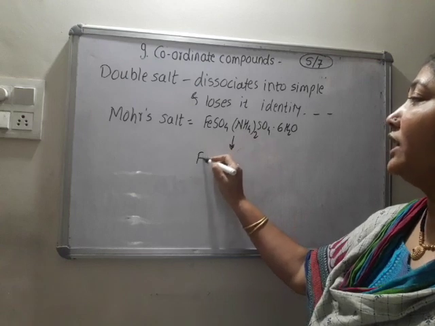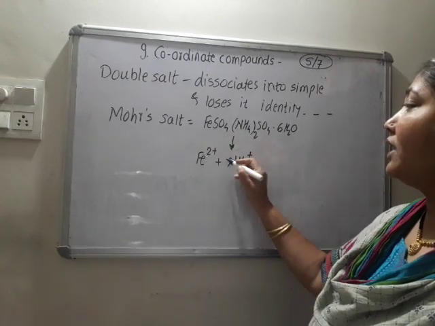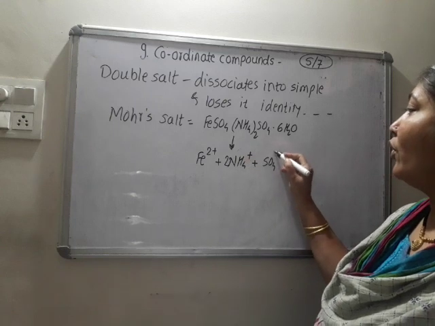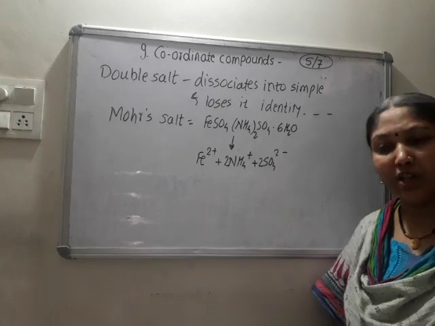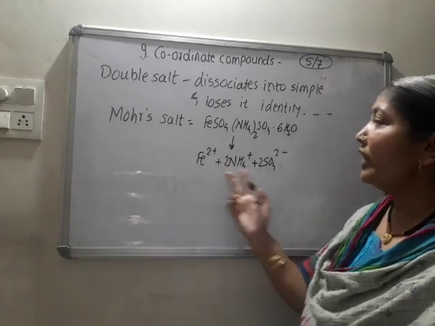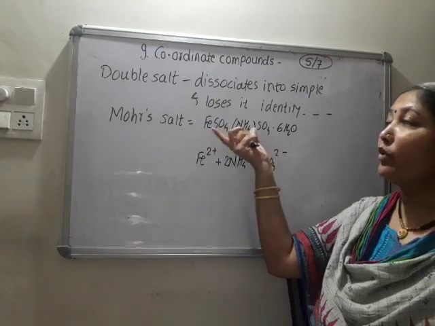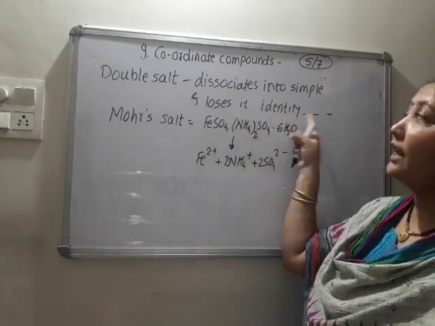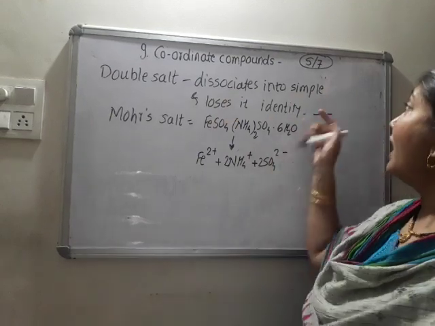If we dissociate this, what do we get? Fe2+, NH4+, SO4 2- plus water. Don't split that water into H+ and OH-, the dissociation is very poor. So we get different ions. Of course, Fe2+ and FeSO4 have different properties, so it is said that they lose their identity. So it dissociates into simple ions.